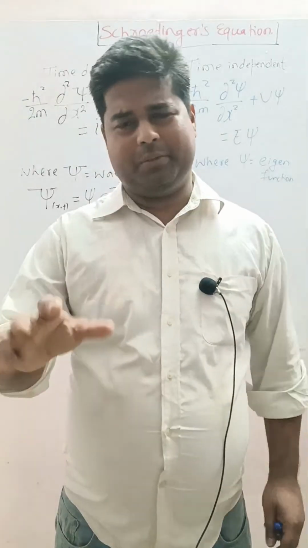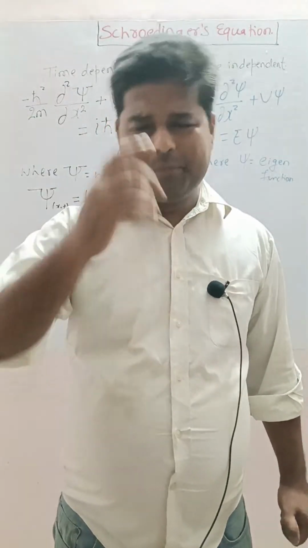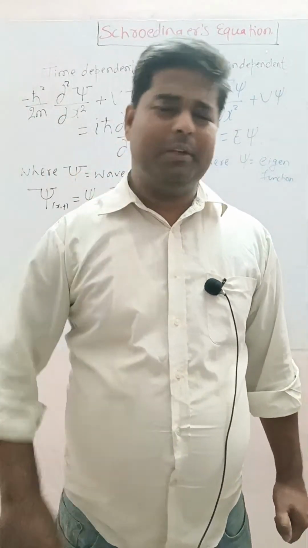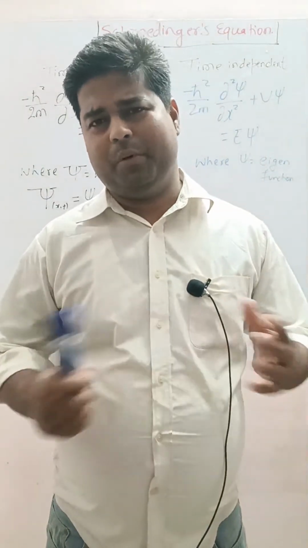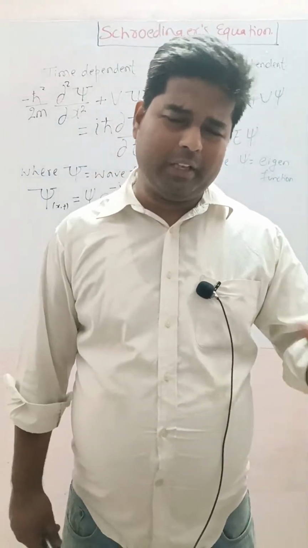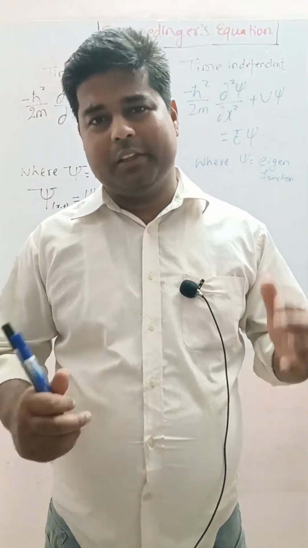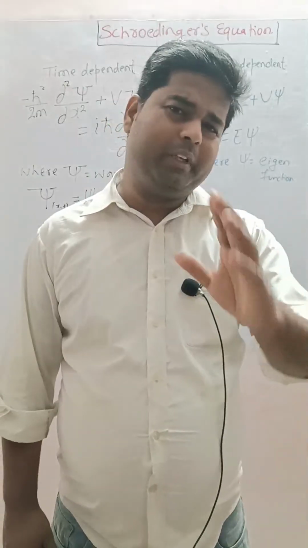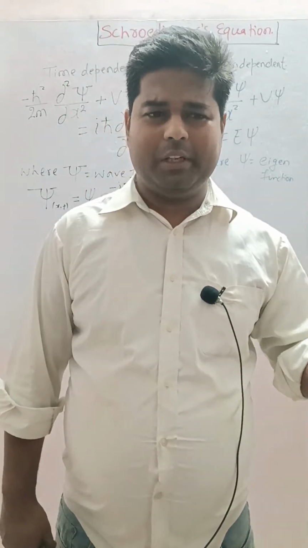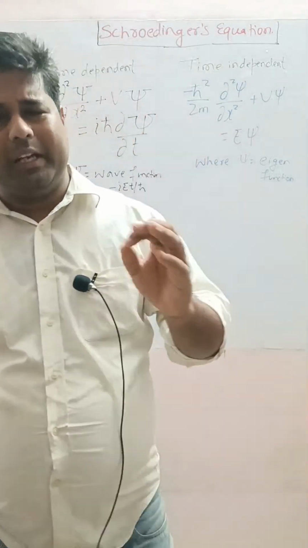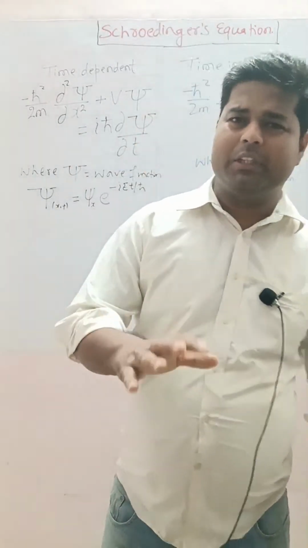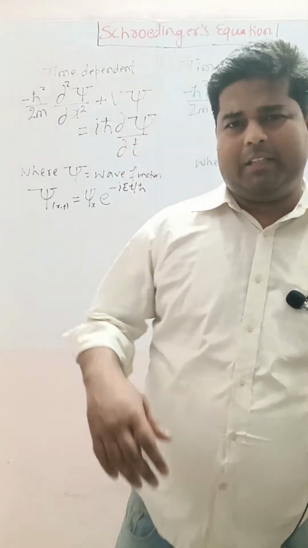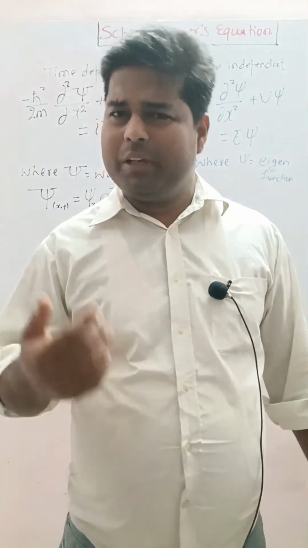in a wave equation. Before Schrödinger, de Broglie or Max Planck or Max Born or Niels Bohr, they analyzed that a subatomic particle has particle nature and wave nature, wave-particle duality, and how it behaves when it is a wave.